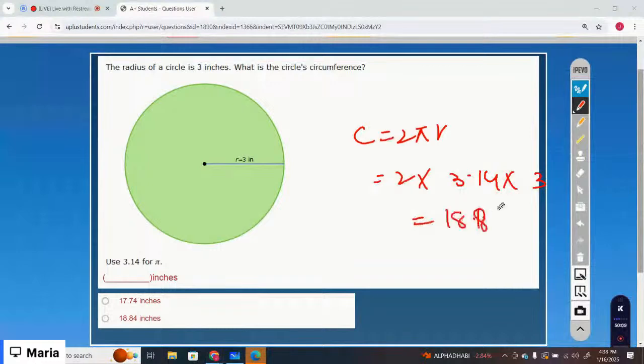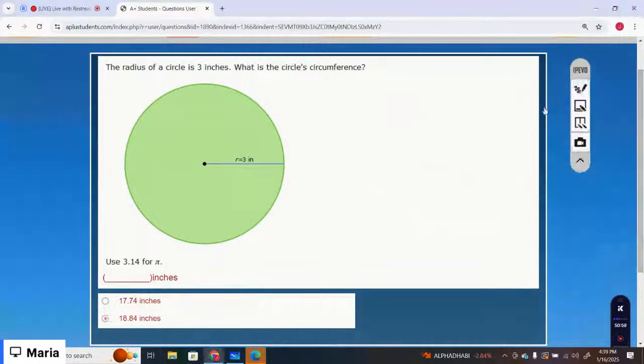That is 18.84. The correct option is option number 2.